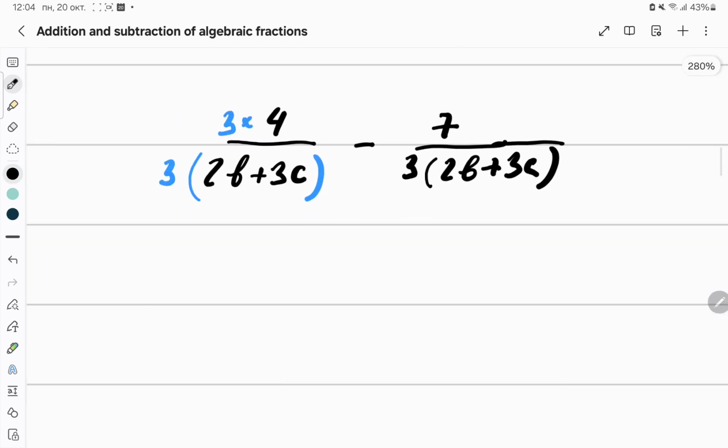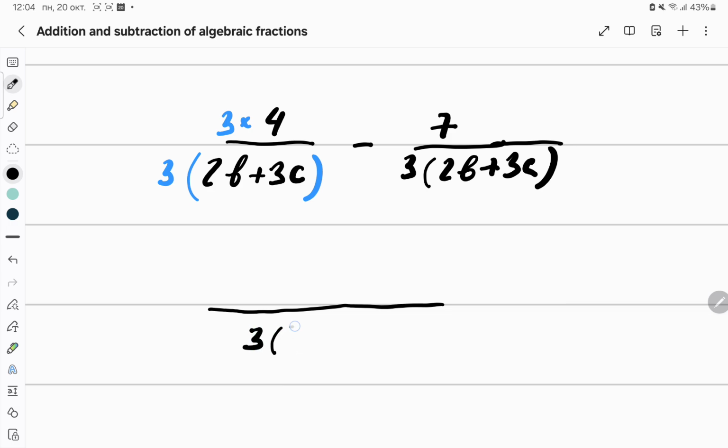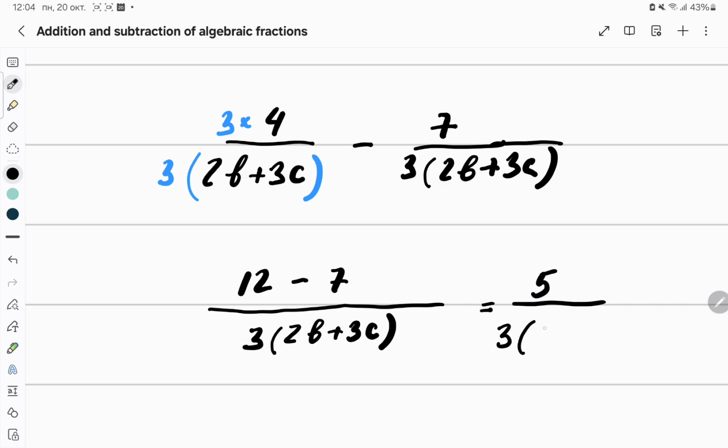In the next step we can write the common denominator, and then the numerator will be 12 minus 7, which is 5. Here is nothing to simplify, that is why this is going to be our final answer.